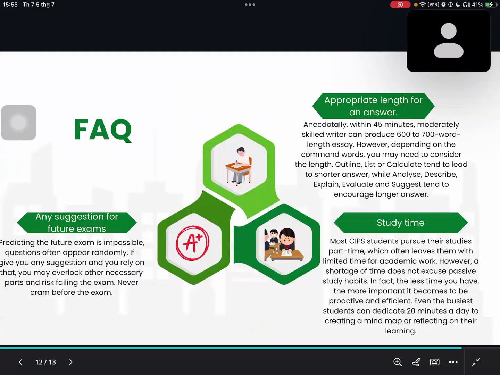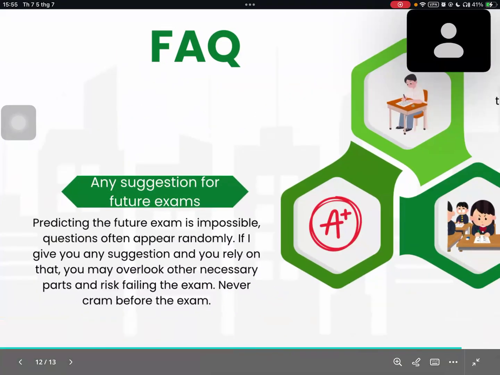Second, whether I should provide any suggestion for the future exam. There is a danger in predicting the potential questions, right? Because the questions appear randomly. So if I suggest anything, or if you listen to any instructor about potential questions, then you may risk cramming for the exam.